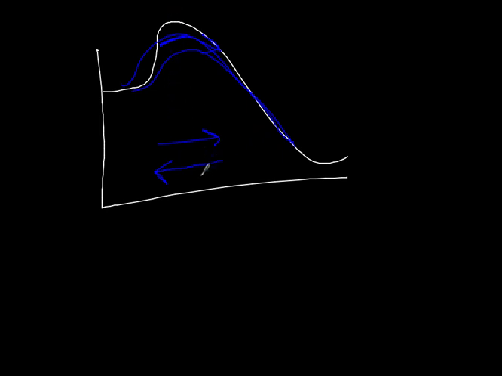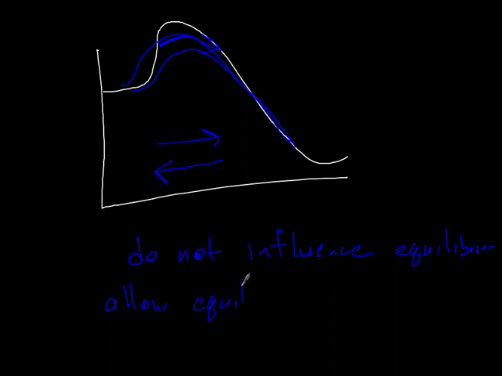What a catalyst does not do is influence equilibrium. What it does is allow equilibrium to be reached faster, but it does not affect the value of the equilibrium expression.